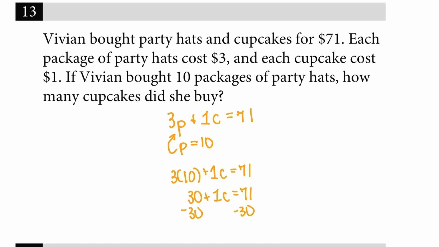Subtract 30 from both sides, so C is 41. She bought 41 packs of cupcakes, or just 41 cupcakes.